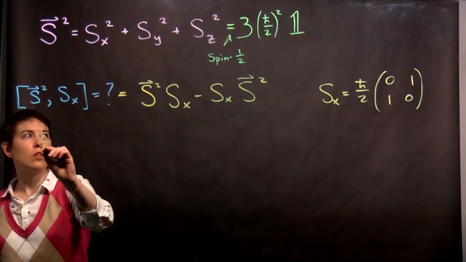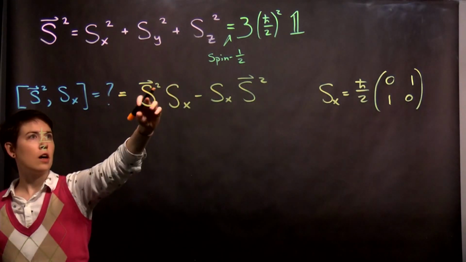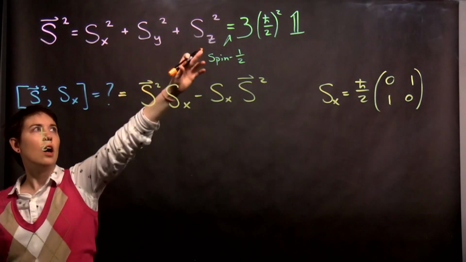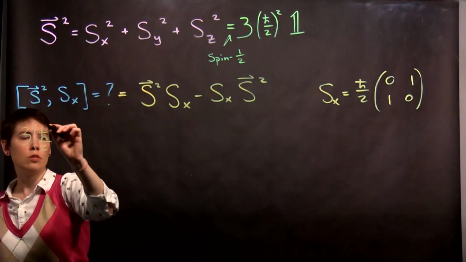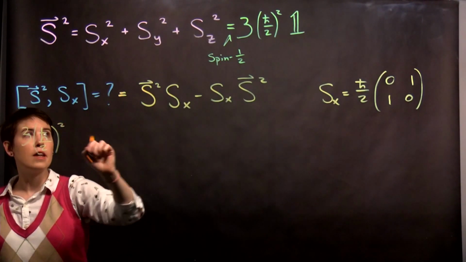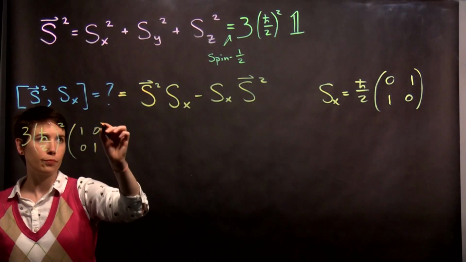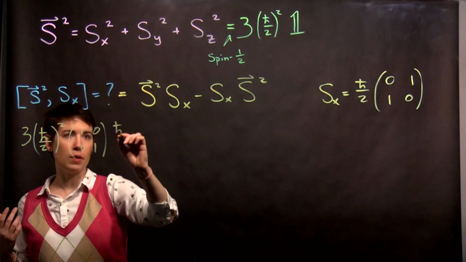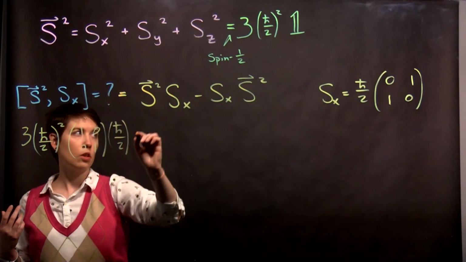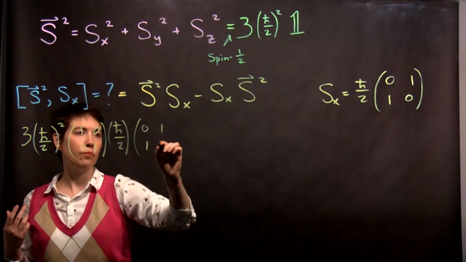Cool. So we have to just do out some matrix multiplication. First, and I have to go in the right order, I'll pull down my coefficient from this, and now the identity matrix for spin 1/2 is just 1s on the diagonal, and then I have my Sx, 1s on the off diagonal.